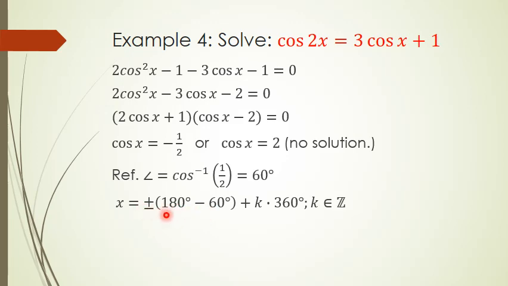So that's plus or minus 180 minus the reference angle 60 plus k times the period of the cosine function, 360 degrees, where k is an integer. And simplifying the subtraction here, we obtain our general solution, x equal to plus or minus 120 degrees plus k times 360.